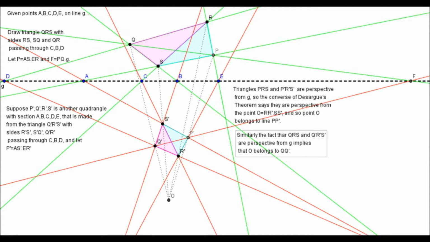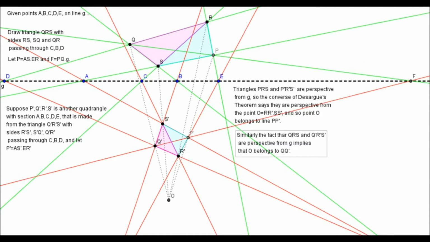If you think about the way the edges work, they're in fact perspective from the same point. So you can say that these are two quadrangles which are both perspective from this point O and both perspective from this line g.